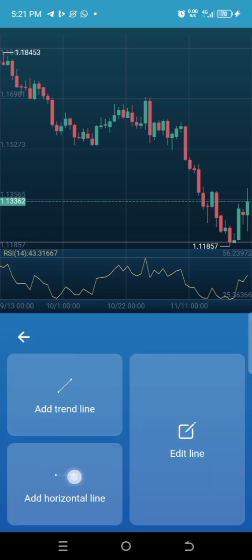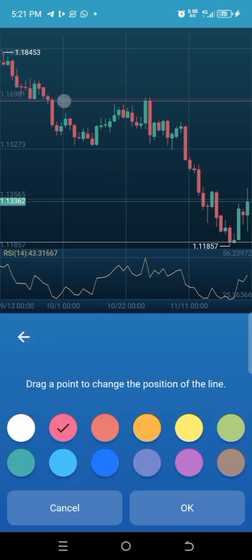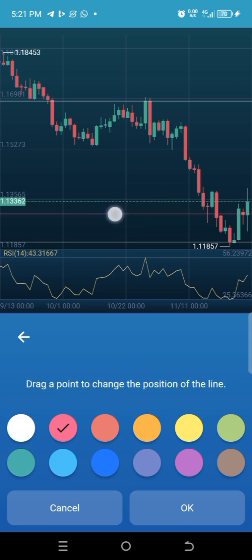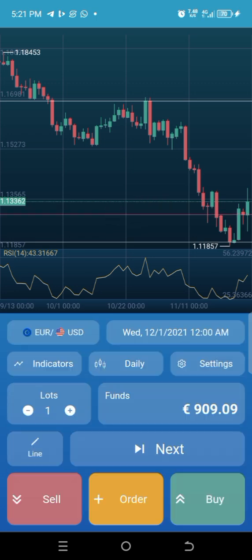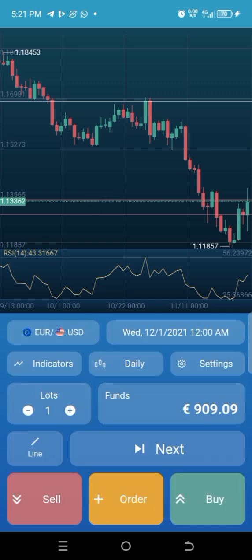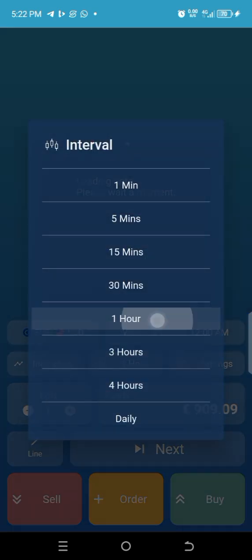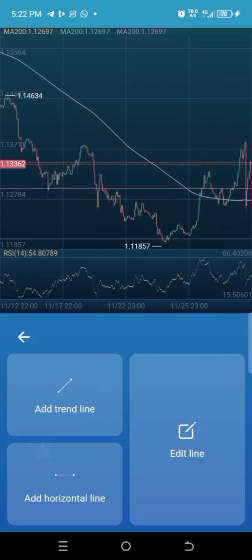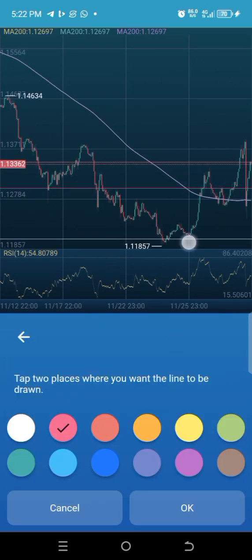Low, high, open and close. On hour, trying to form a trend line.